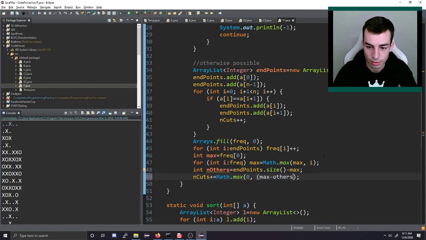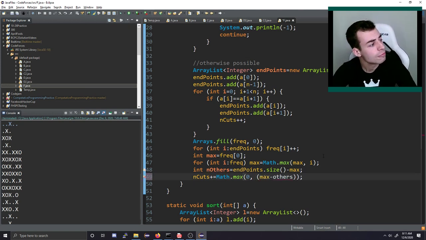Max minus others over 2, I think, maybe.